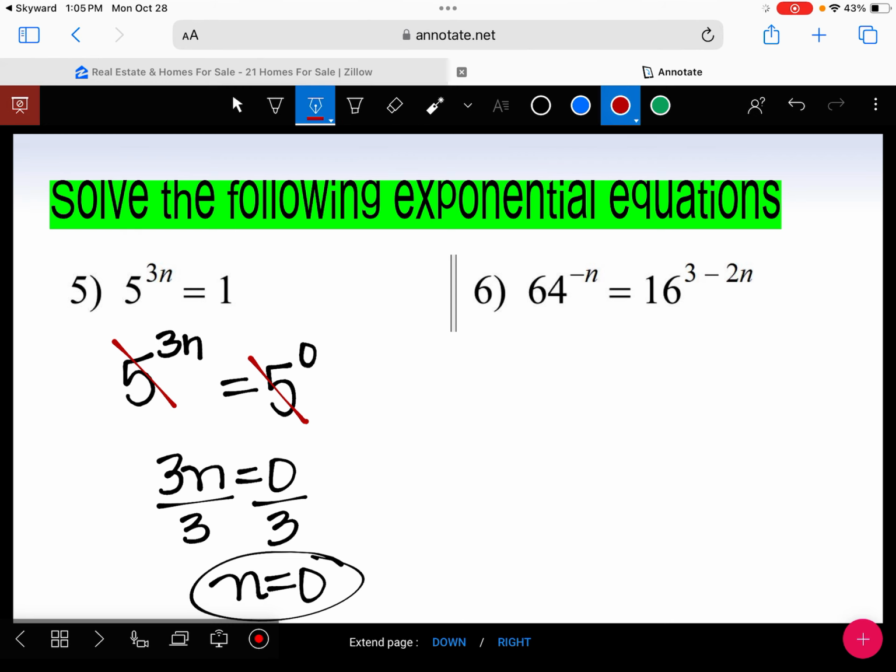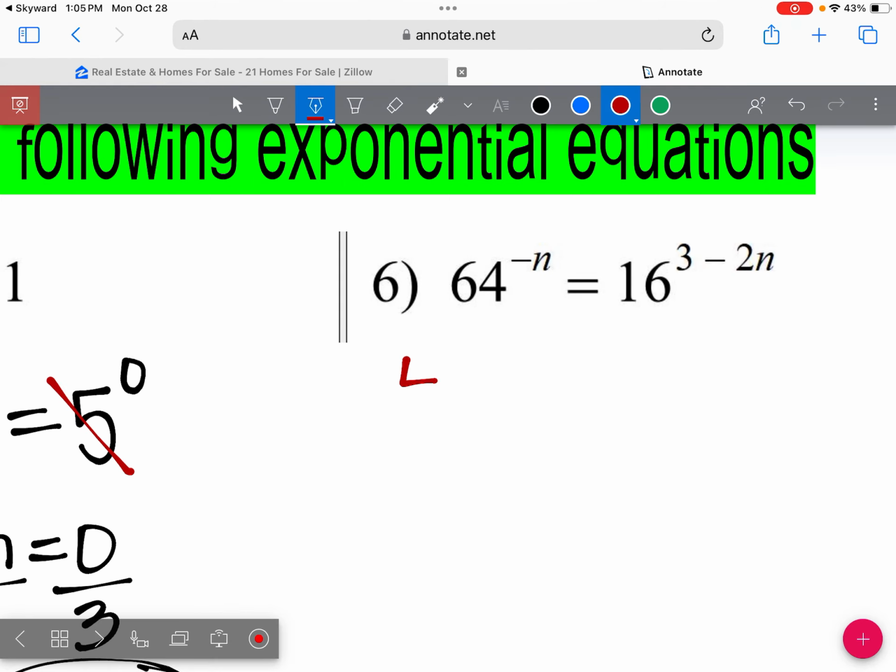So 4, how many times do we have to multiply 4 to get to 64? 3 times. So 4 to the power of 3. I'm going to put this exponent in parentheses. And then how many times do I have to multiply 4 to get to 16? 4 to the what power is 16? 2. Yep.